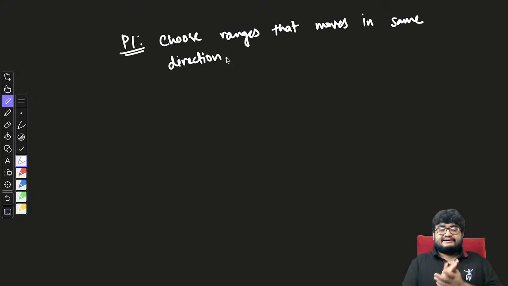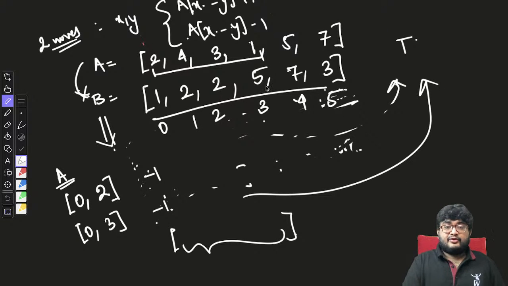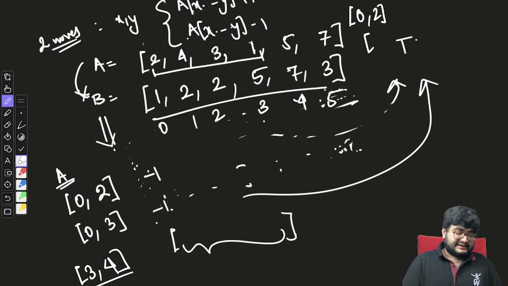Okay, so what does it mean? It means that whatever moves we make here, our moves will be only of the form, at best we can do 0 to 2, and can we choose 3 to 4?